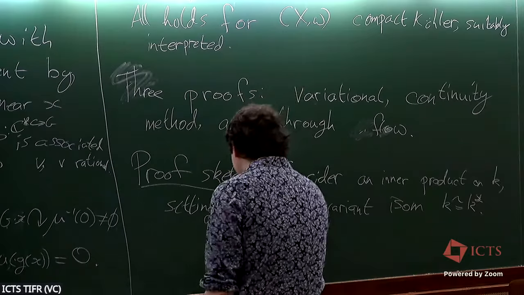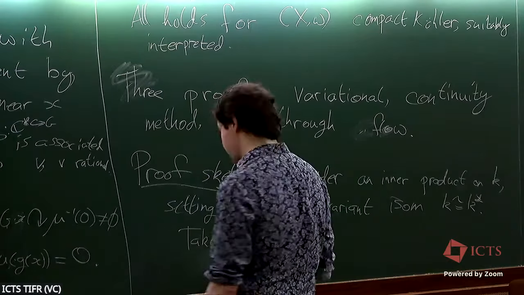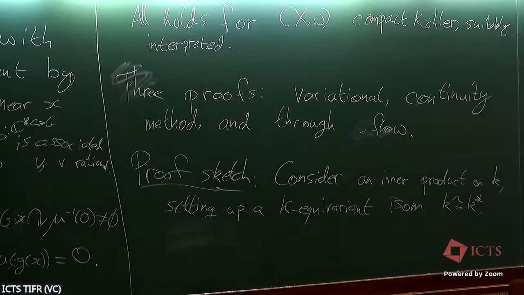So in particular, we can consider the flow starting from some initial point, x, and we move the point in the direction that's determined by the moment map as follows.